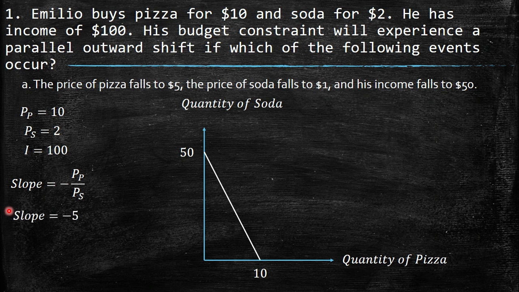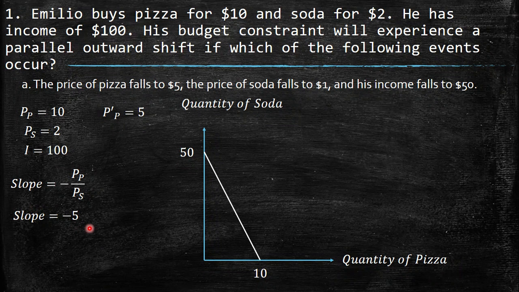So the slope should be minus 5. Actually, I'm thinking that this should maybe be the price of soda over the price of pizza, but it doesn't matter for our exercise. We just know the slope should be minus 5.